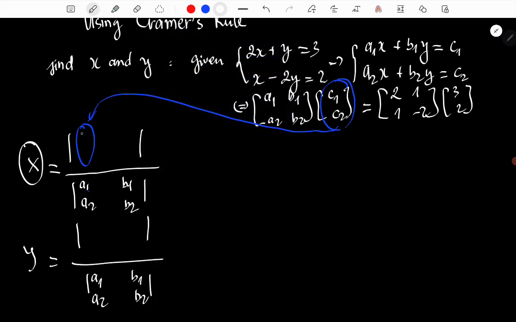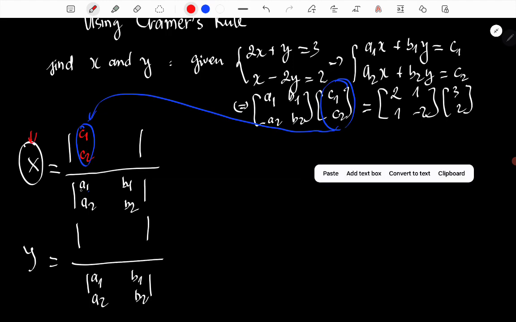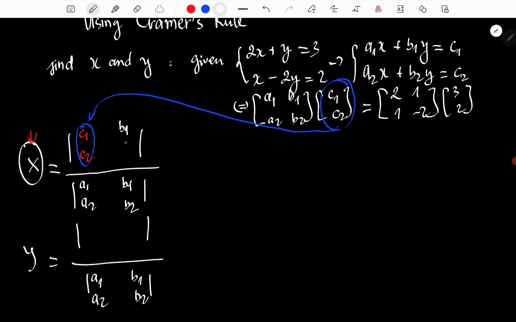So I'm gonna write c1 and c2. So when we solve x, we're gonna replace the coefficient of x, which is a1 and a2, by c1 and c2, and b1 and b2 gonna be the same.